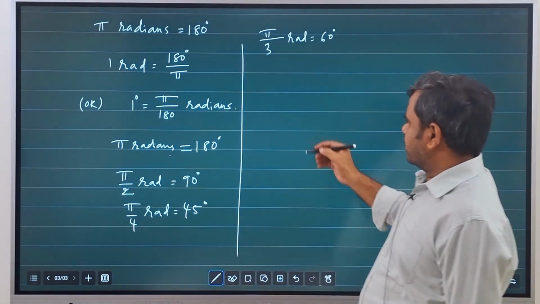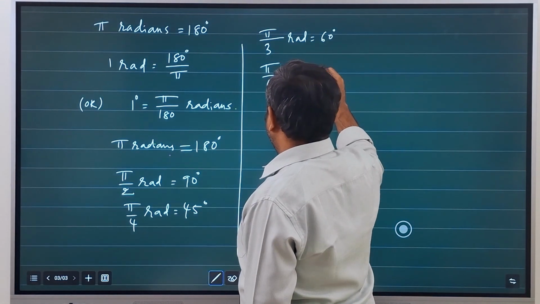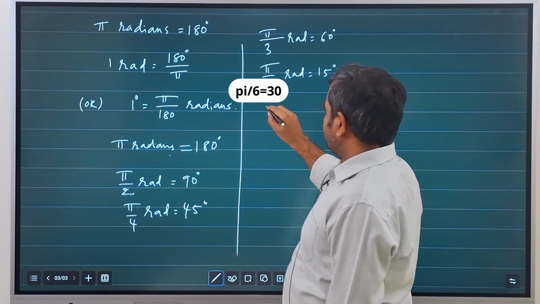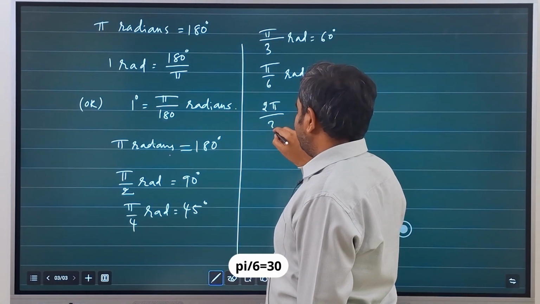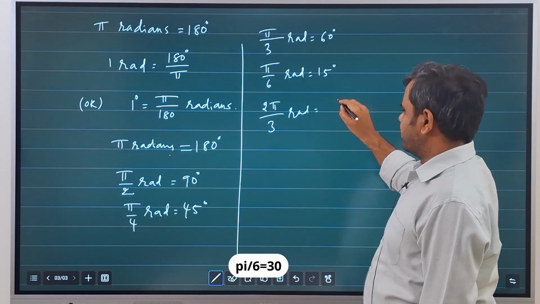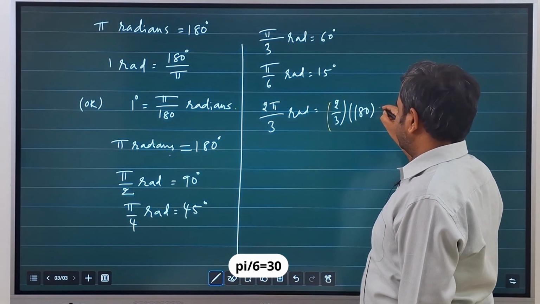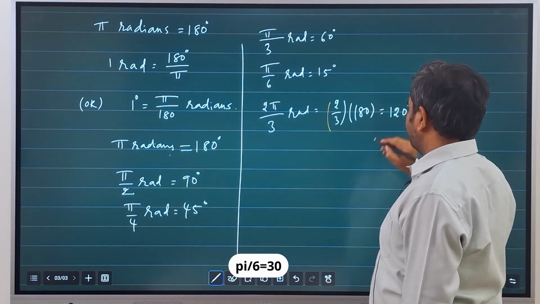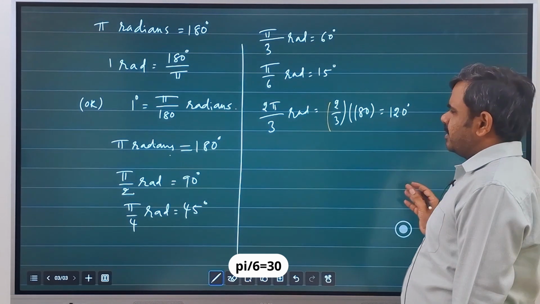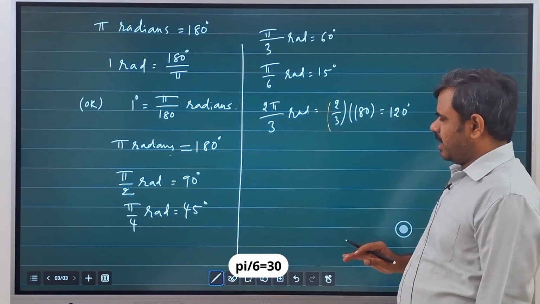Pi by 6 radians is 30 degrees. Like this, you can write all angles. 2 pi by 3 radians: in place of pi, write 180 degrees, and you will get 2 pi by 3 is equal to 120 degrees. That is 2 by 3 into 180, which is 120 degrees. So like this, you can convert from radians to degrees or from degrees to radians. Okay, so this is what angle is.